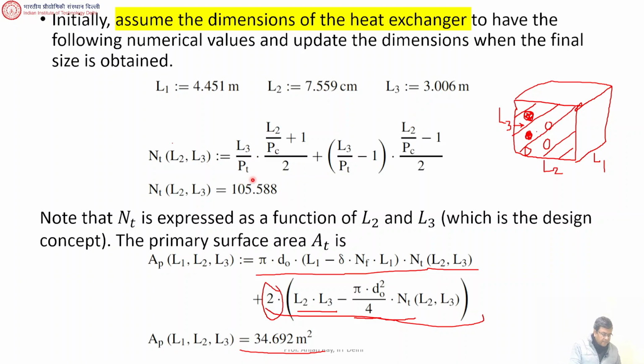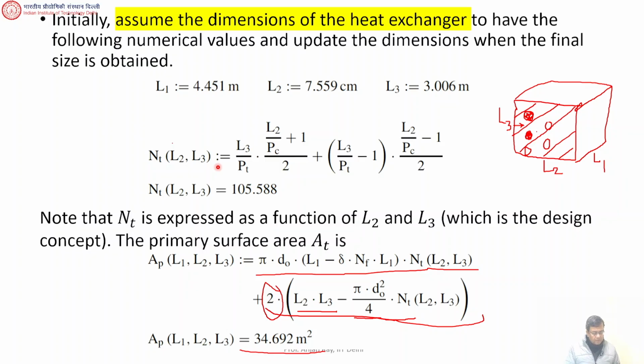Right. So after that, we already have this expression, which I described in quite a bit of detail. So you get NT as 105.588. He's again using some MathCAD sort of thing, so every time he writes a quantity, he writes functionality also.